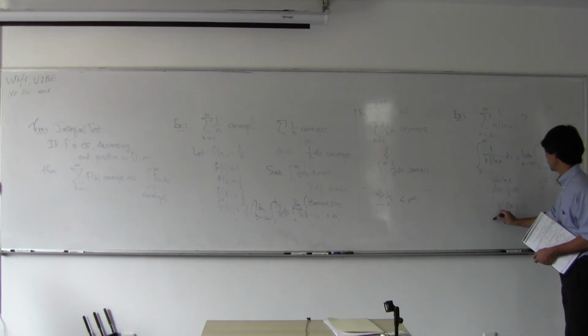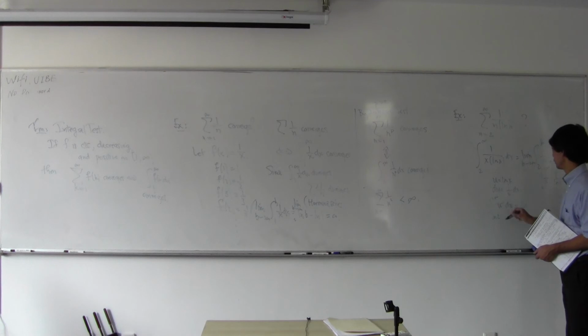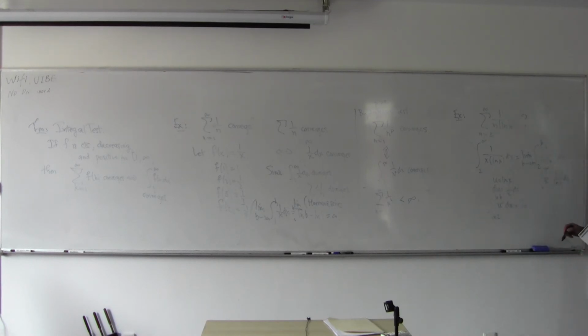When x is 2, and when x is b, u is natural log of b. So we get the natural log of u between natural log of 2 and natural log of b. So we get the natural log of b minus the natural log of the natural log of 2.